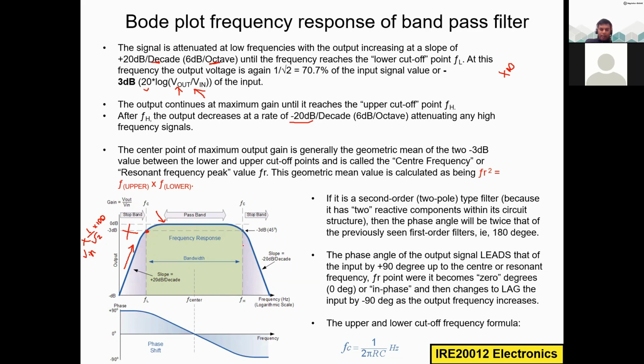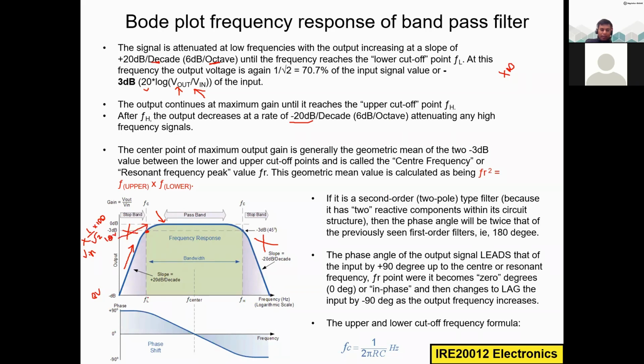And after this higher cutoff frequency, again we are blocking the frequencies so we don't get the output. So the output is ideally 0, but it's not really ideal 0. You still have some output value. For example, if we talk in terms of voltage, this is the 0 volt, and maybe you are expecting 10 volt at the maximum level.